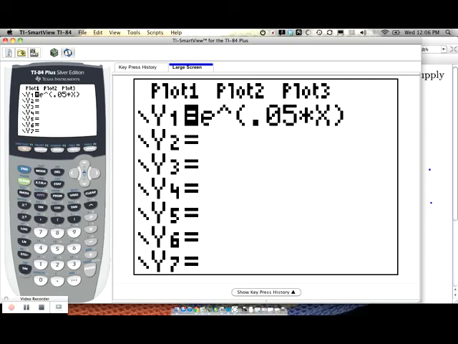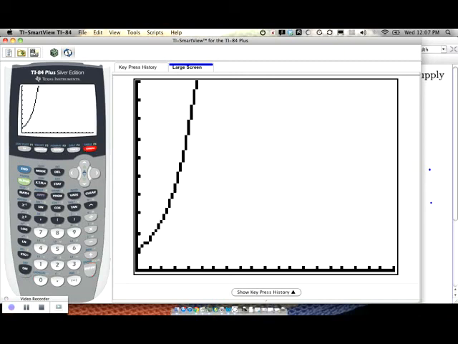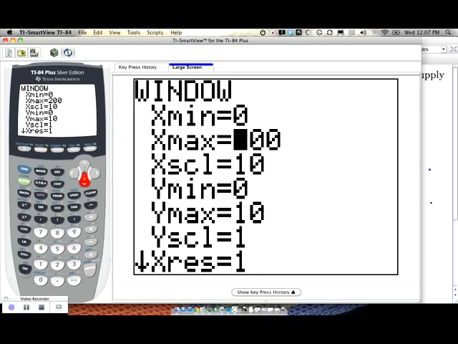But when does this equal 200? Ah, that's what we need to look at. So when does that equal 200? Because that's all that we have left. Well, 200 is just above that graph. So if we change our graphing window from 0 to 300, we're looking at when do these two functions cross?